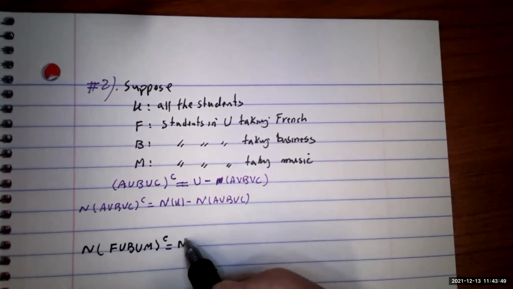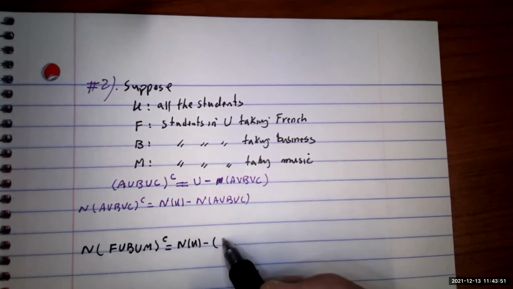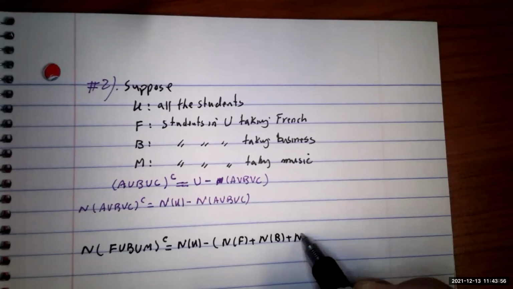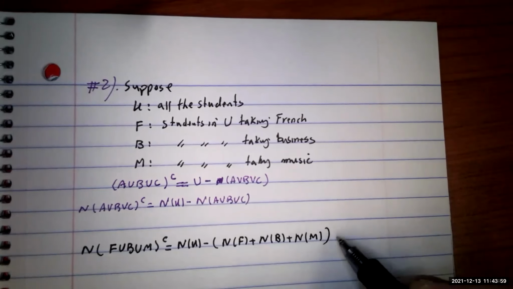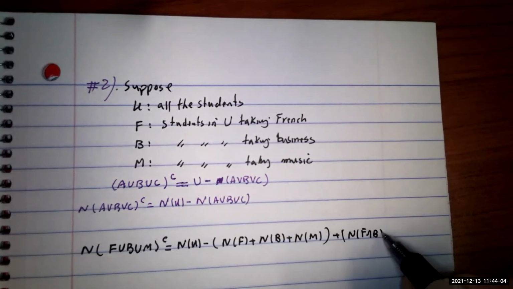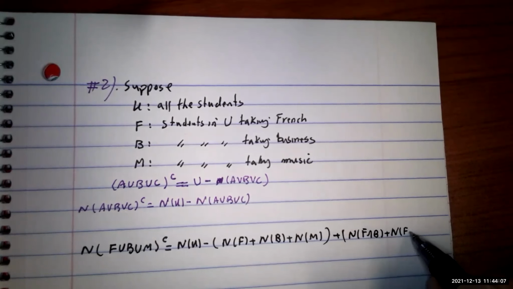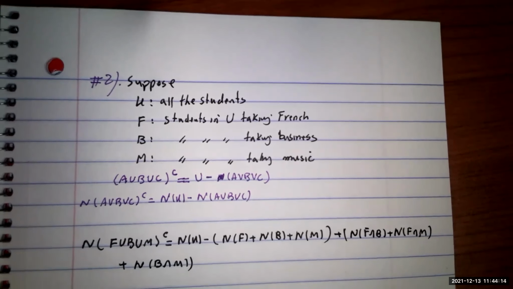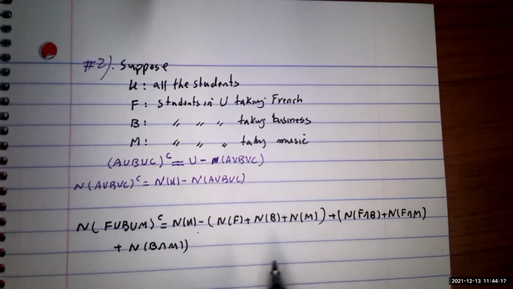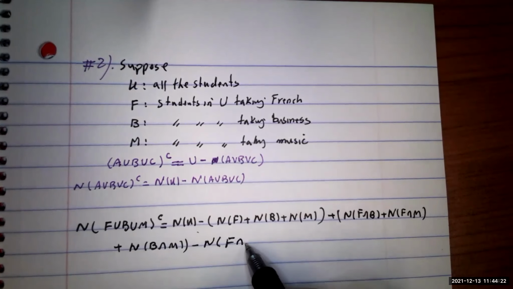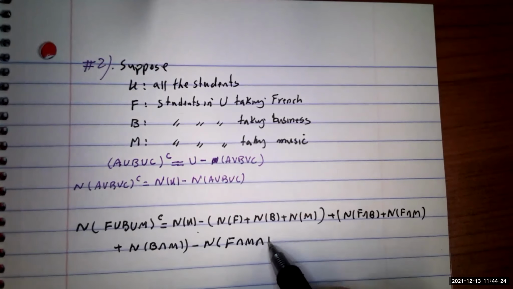This is going to be the total number of the students minus the single ones, plus the two-by-two ones: French business, French music, and business music. Then negative, the total number taking French, business, and music.